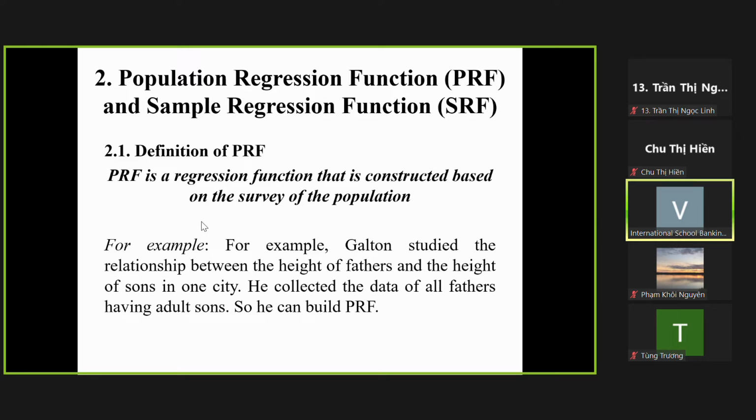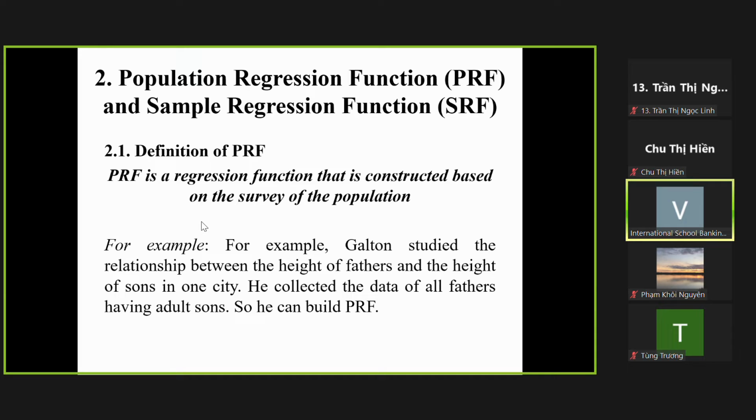So both the population regression function and the sample regression function are regression functions, but the population regression function is a function that is constructed based on a survey of the whole population.